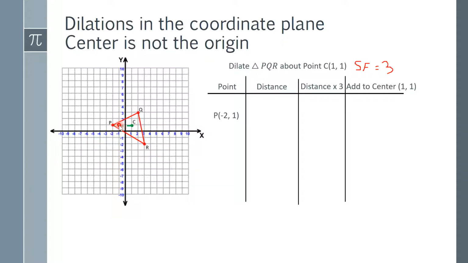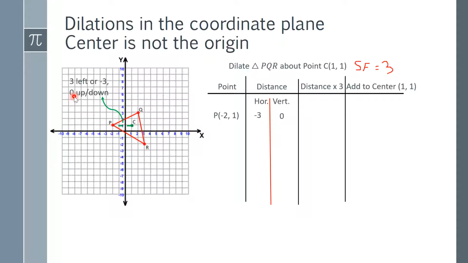So that is 1, 2, 3 steps to the left. So we're going to find our horizontal and our vertical distances here. In this case, we've got 3 units left, which is -3, and then we don't move up or down. So that means that we have 0 up and down movement. That's going to be our horizontals and our verticals here, -3 and 0. And that's going to be important in just a minute.